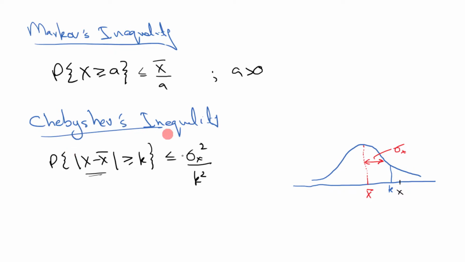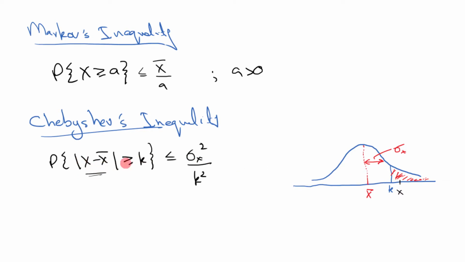Then in this case you are calculating the probability for which x minus x bar, this distance, is greater than or equal to this k. It means you are interested in this probability, which I am shading with red color.